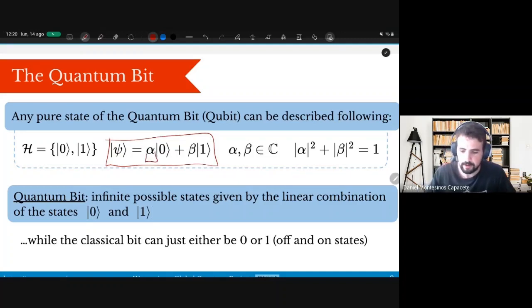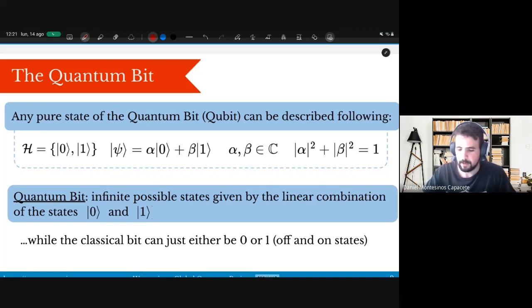Because there are infinite numbers that you can choose that satisfy this property. In a sense, you can have one number, but there are infinite numbers between this number and this number, right? So that's basically why I say there is an infinite amount of possible states given by the linear combination of 0 and 1.